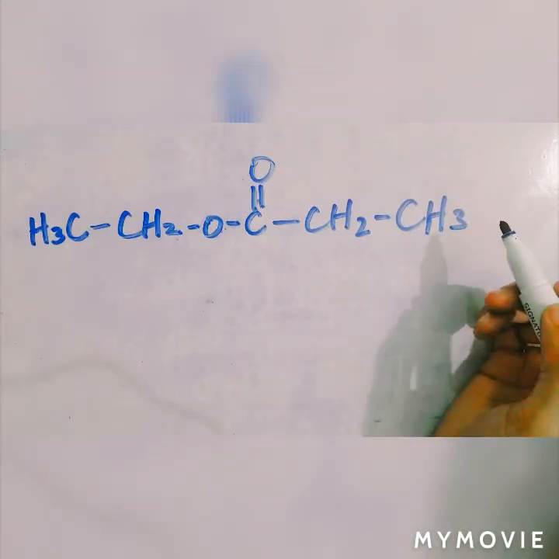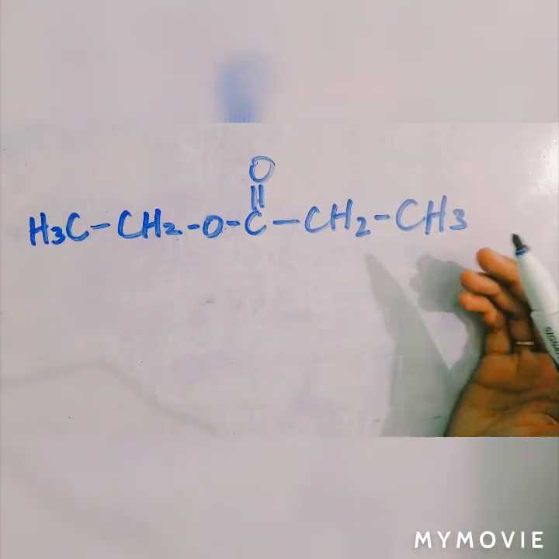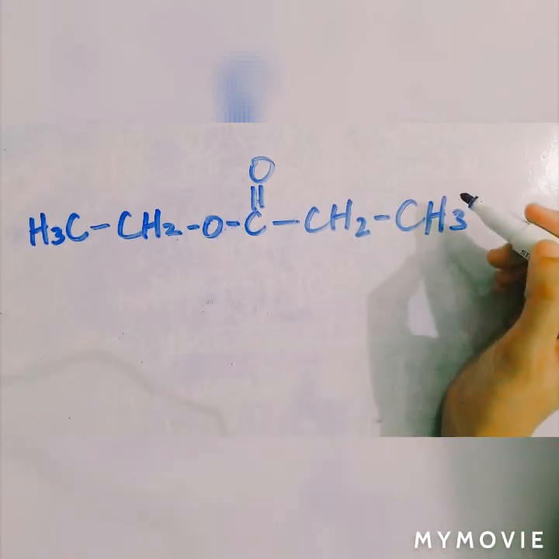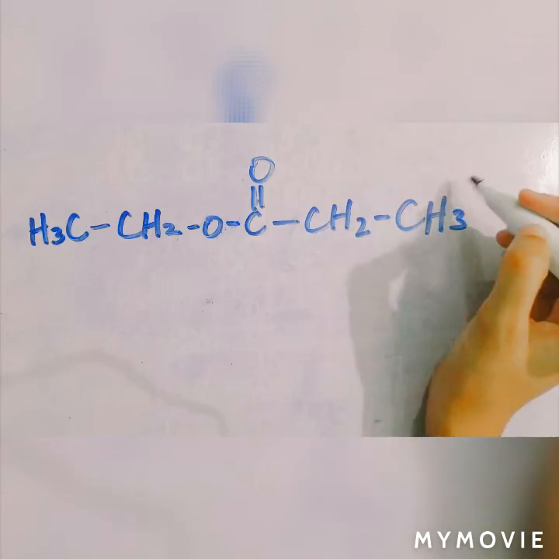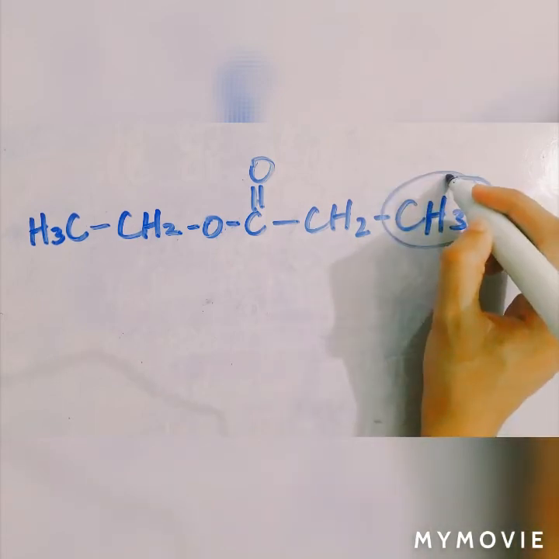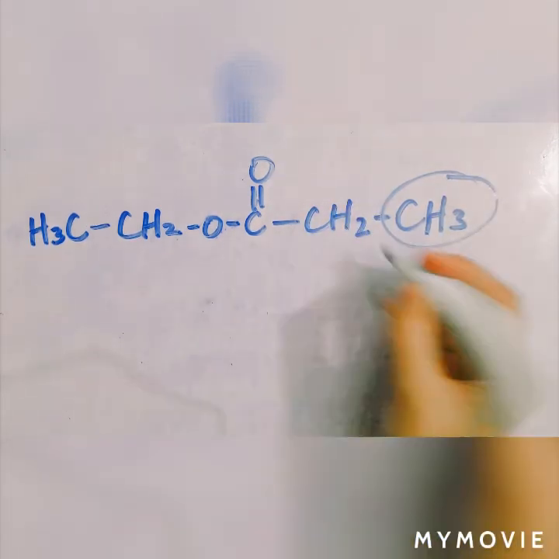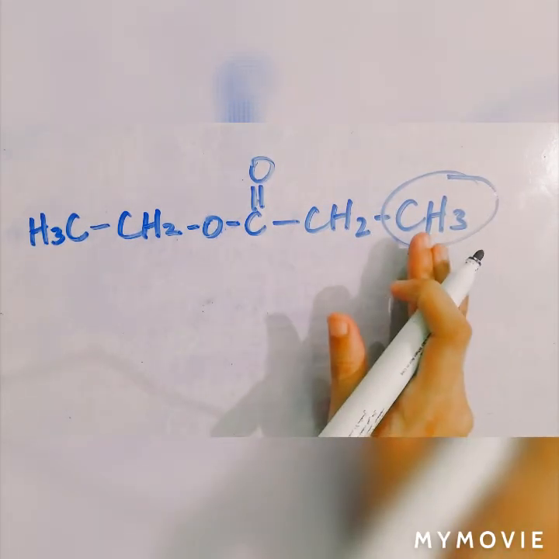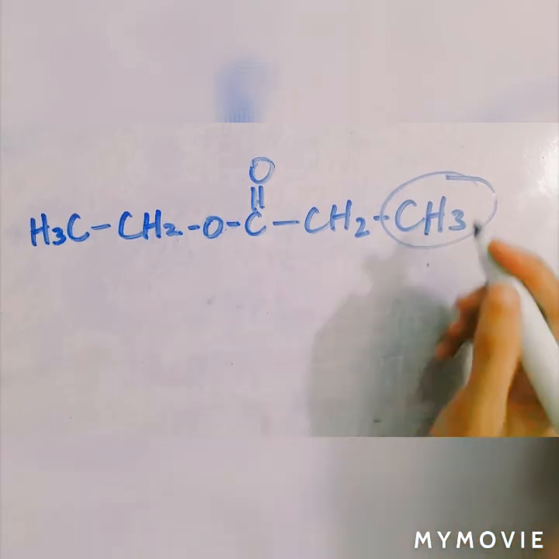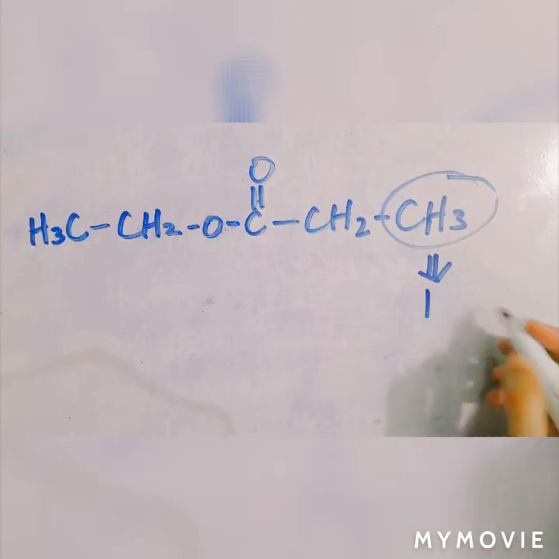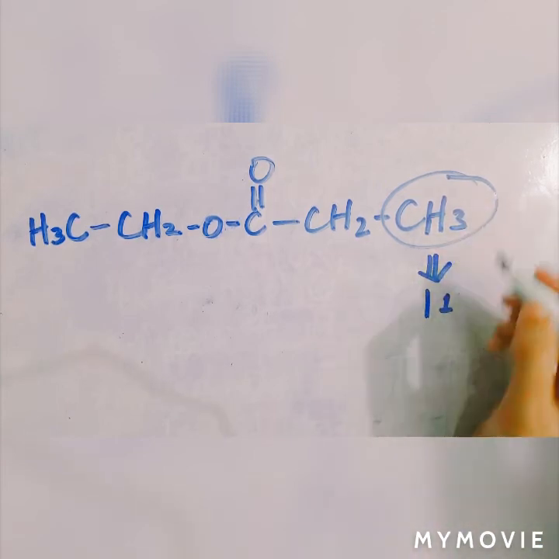Now, the splitting of protons: how they split and show the signal in a proton NMR spectrum. If we talk about this methyl, it will show a triplet signal. How? Let's discuss. This methyl will split 3 times. 1 is its own proton.